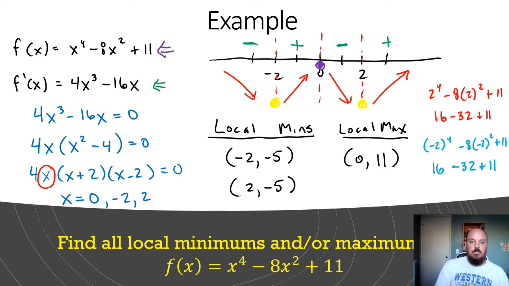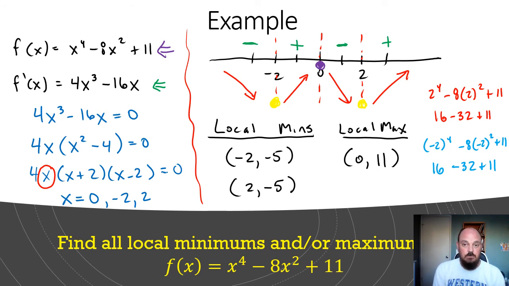Over here, everything on the left side of the screen was exactly what we did in part 1. The right side of the screen is the rest of the first derivative test. So that's where you do the number line. You test numbers in the derivative to see whether your intervals are positive or negative.